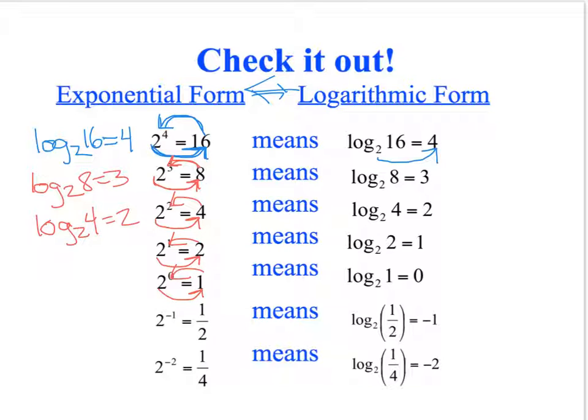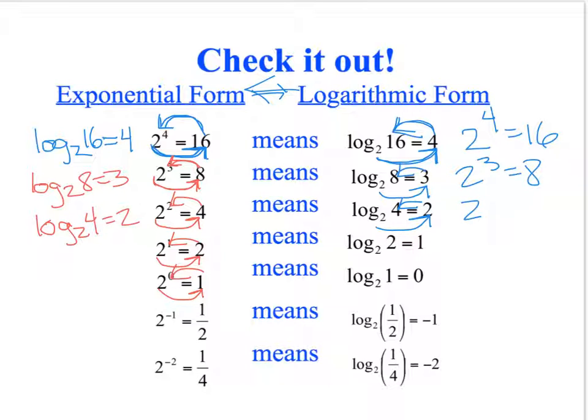Log base 2 of 16 equals 4, except here, I'm turning it into an exponential, so I just start writing that 2, or you can think 2 to the 4 equals 16, because I'm writing an exponential. 2 to the third equals 8. 2 to the second equals 4. And you notice these are correct. These make sense. 2 to the fourth does equal 16. 2 to the third does equal 8. 2 to the second does equal 4.